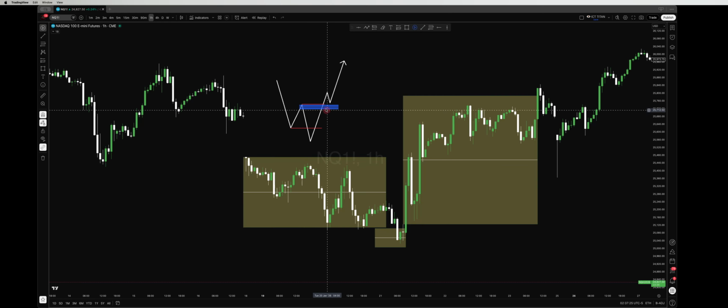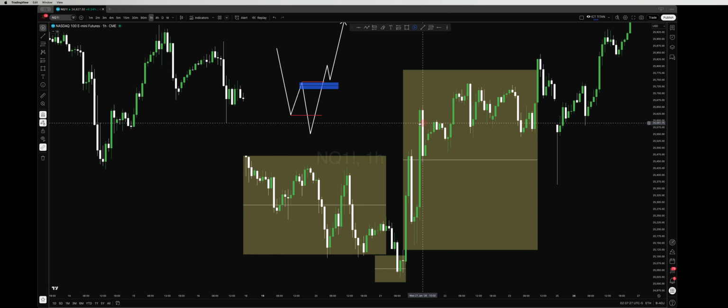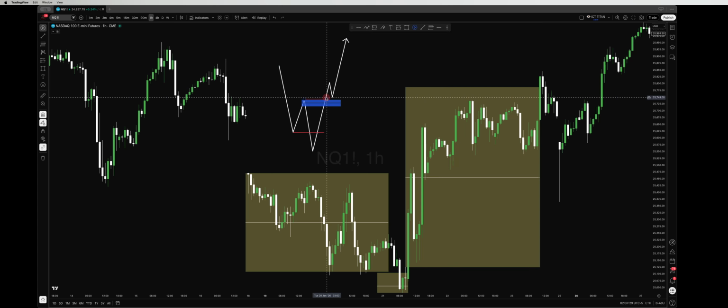So whatever shift that you will see here through the body, that will confirm this breaker as a valid breakout to the upside. And now as previous low has been taken, that means breaker is activated now.